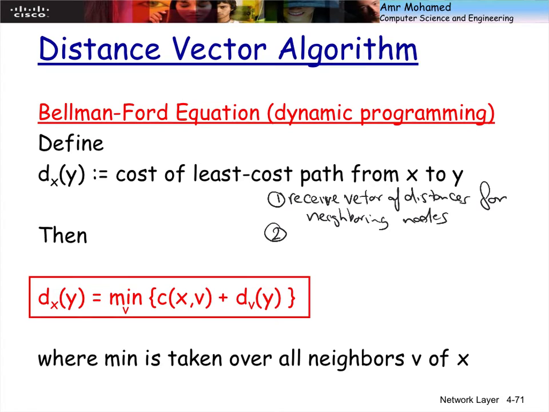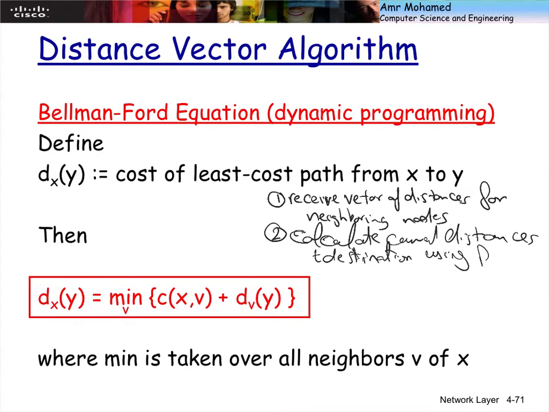Step number 2: calculate the current distances to destinations using the Bellman-Ford equation. Okay? The Bellman-Ford equation. Now I have vectors of distances coming from all the neighboring nodes.